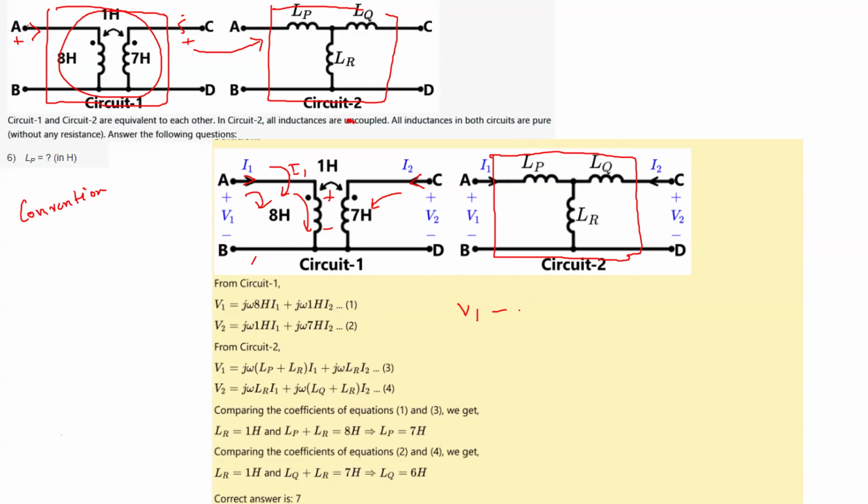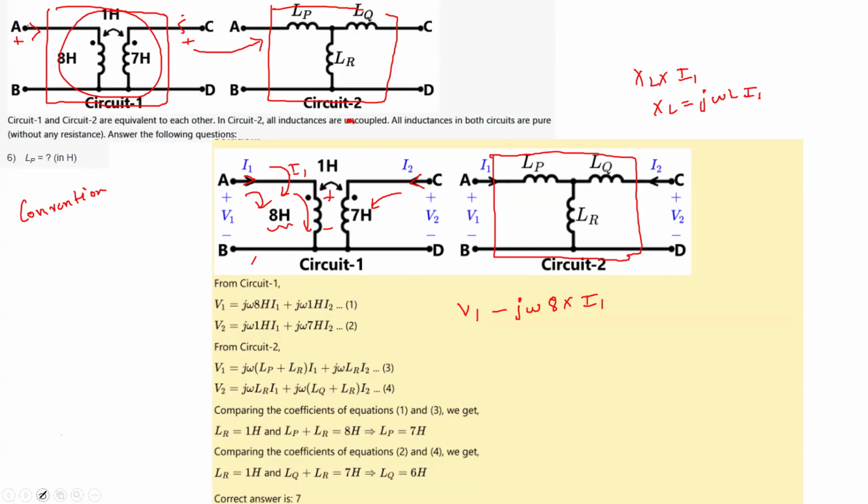So this is minus, because the potential is dropped across the inductance or resistive elements. V1 minus j omega, because XL is j omega L, into I1, that is why it is written as j omega, and the value of inductance is 8, into I1. And remember, the effect of mutual inductance will also come here.